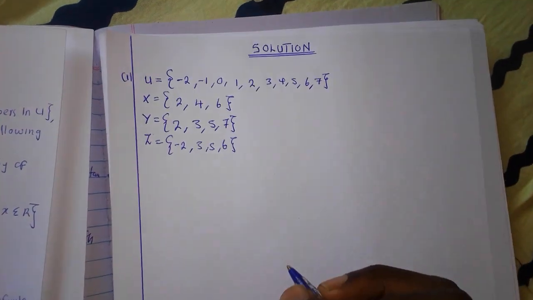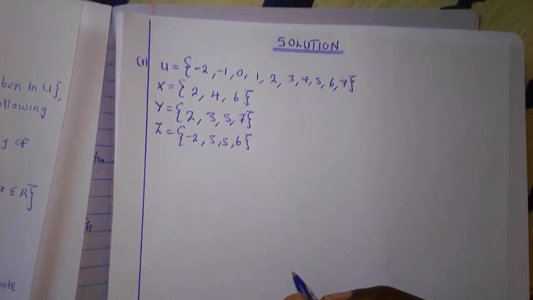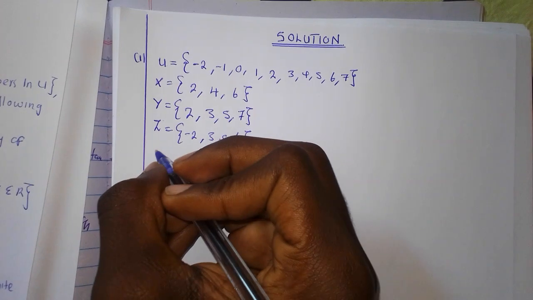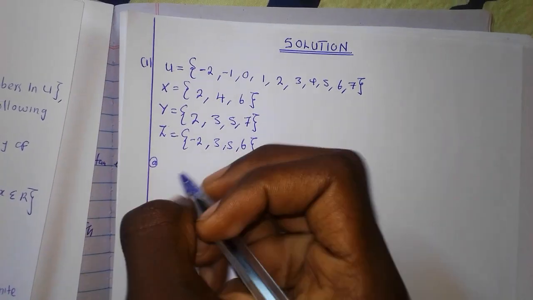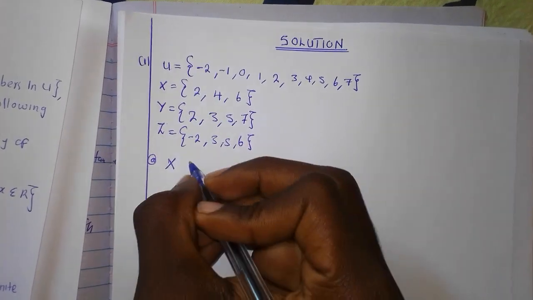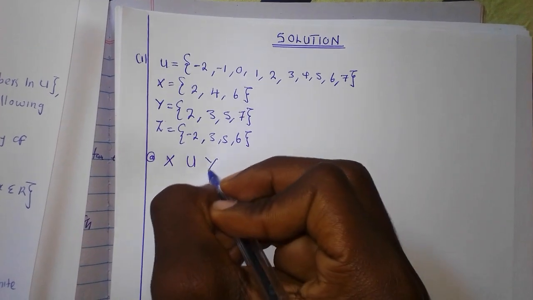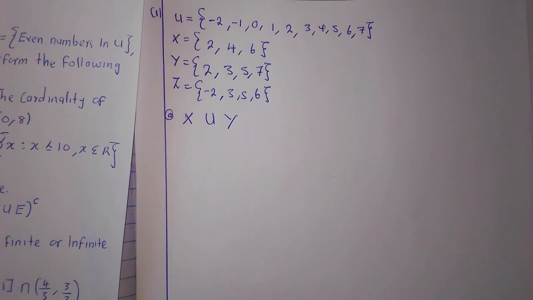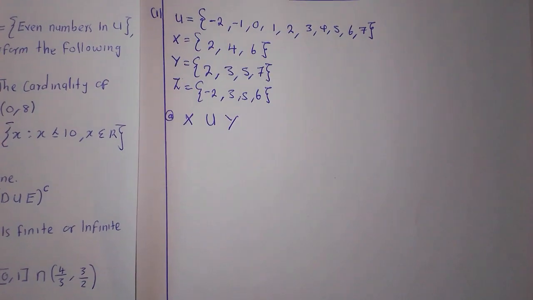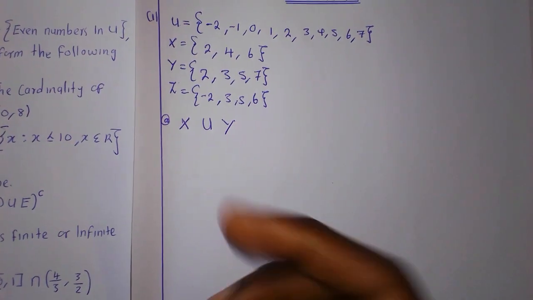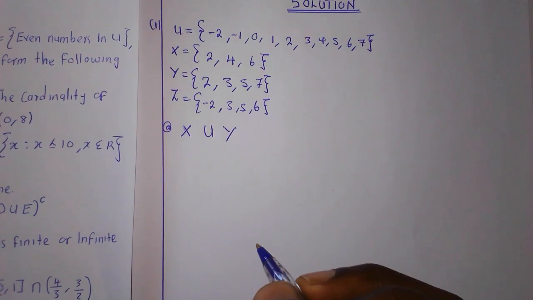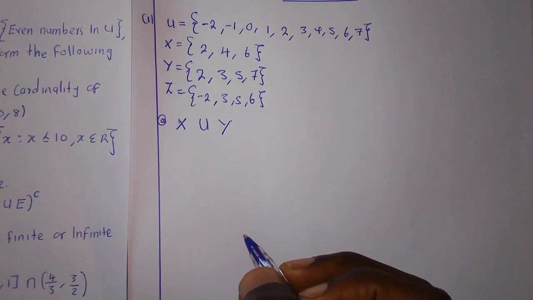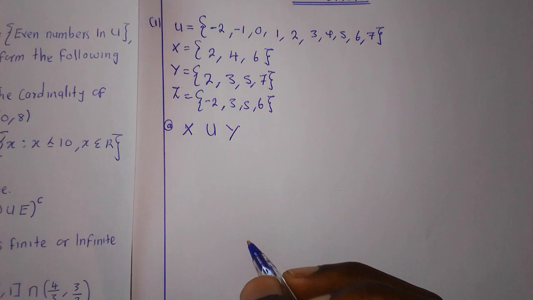Now, the first question is saying we find X union Y. Now, X union Y, a union set, when we say union, we are simply saying unite. So we are going to unite whatsoever elements are in X with those elements which are in Y. We put them together.